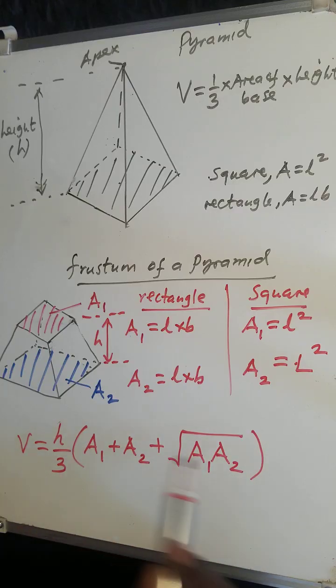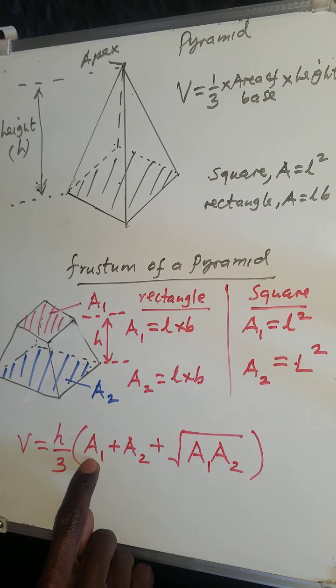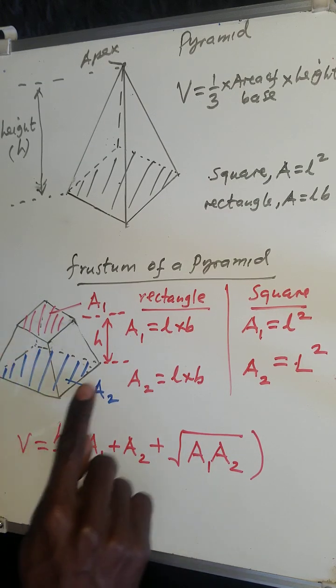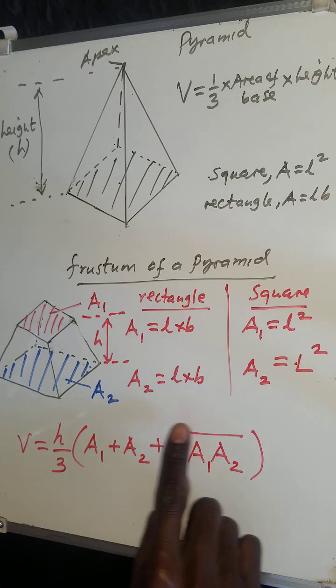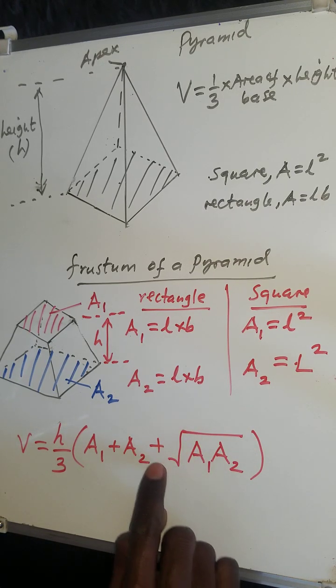So this is the formula that we apply when we want to find the volume of a frustum of a pyramid. Remember, that is representing the area of the top part plus the area of the bottom part plus the square root. You multiply the area of the top part and the bottom part, but you find the square root.